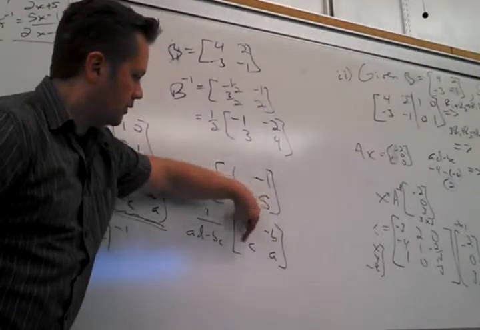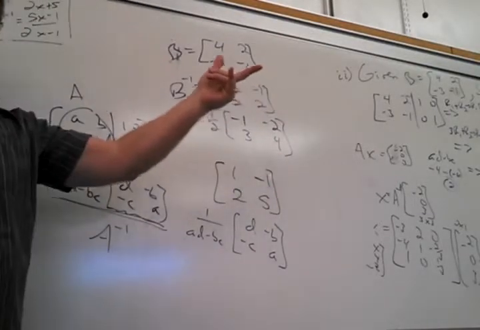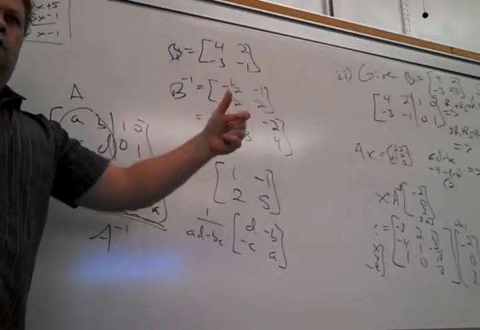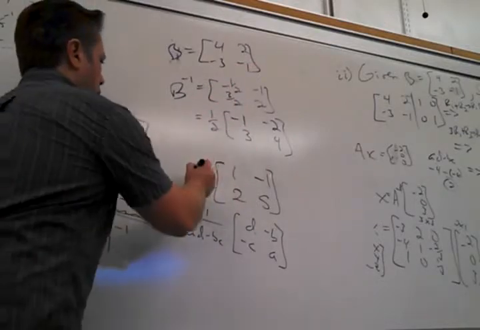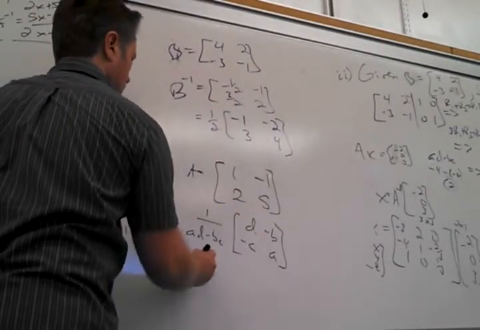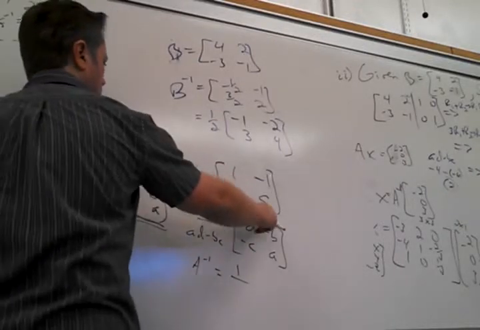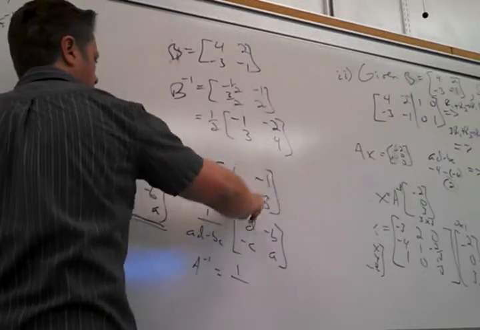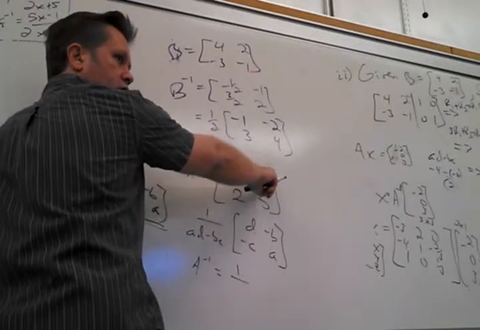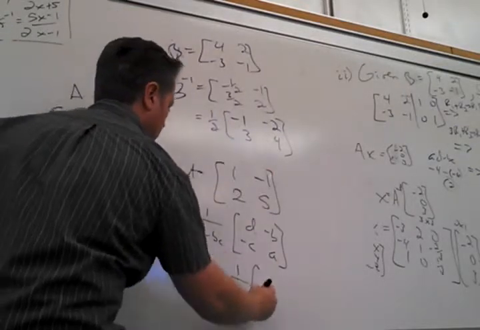So now that's the ones that become negative, and these must be the ones that switch. So what would the answer be? If this was A, what would A inverse be? What's AD? 5 minus -2. So 5 plus 2 is 7.